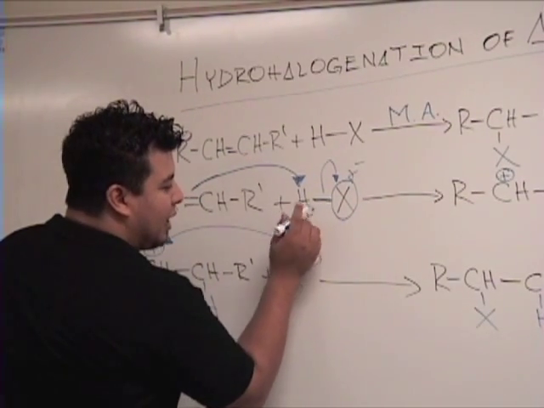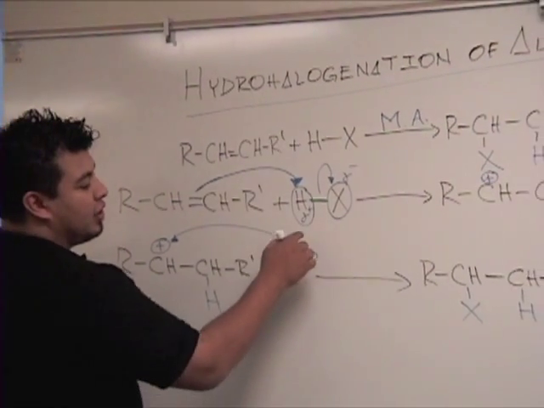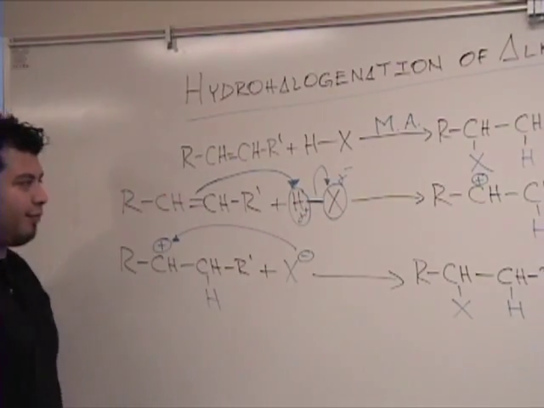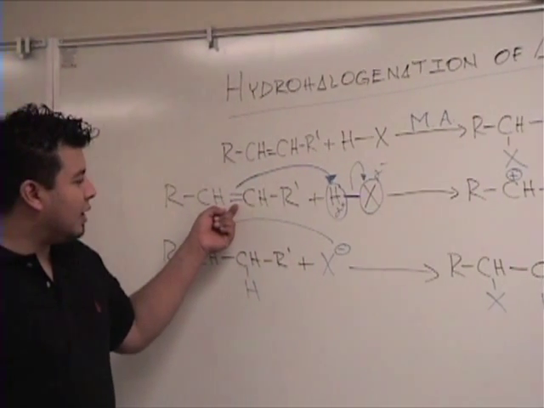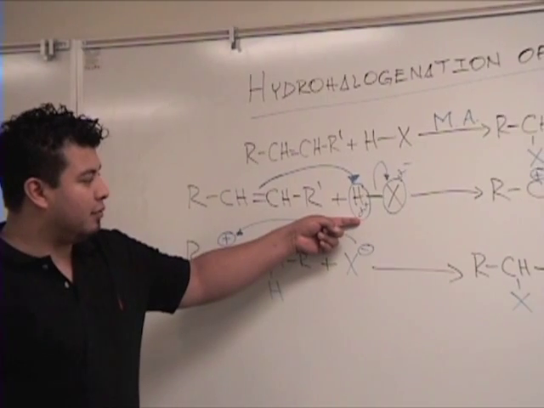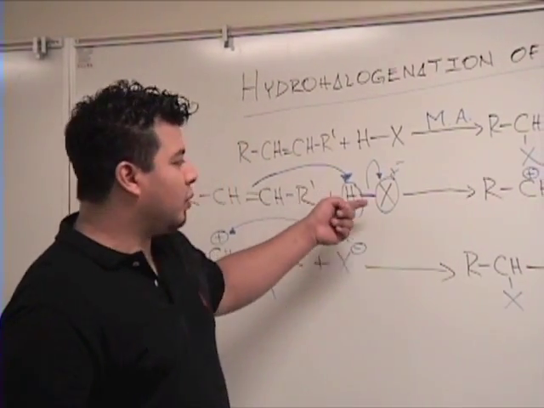Thus, it's going to make the electron density in this hydrogen really low. So this is going to be a partial positive, and this is going to be a partial negative. So obviously, the electrons are going to want to attack the partial positive atom. So it happens this way.